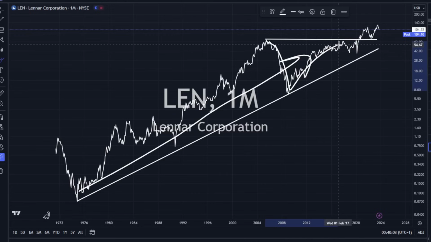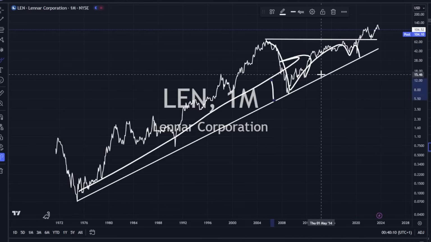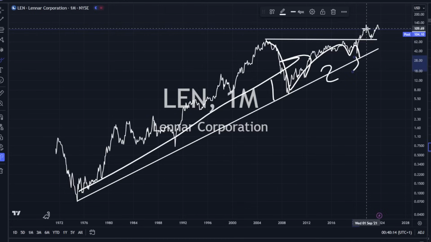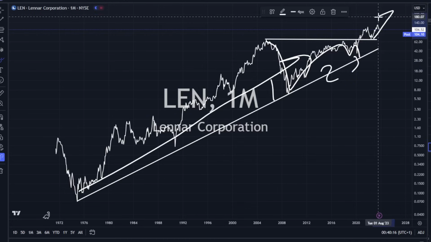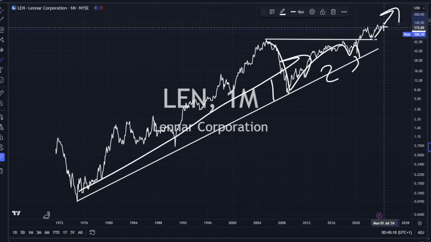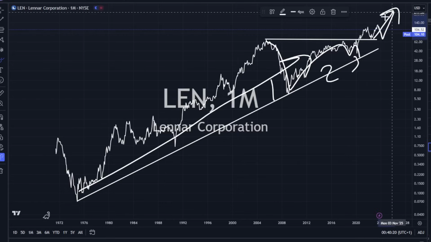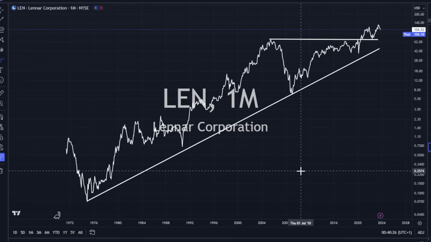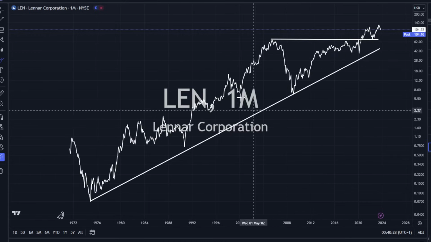This is its consolidation here. 1, 2, 3. This is your 1, your 2, your 3. It breaks out of its all-time highs, does a retest, and we're sitting on top of everything. Now, this could easily pull back. I get it. I don't know the path, but right, wrong, or indifferent, this thing looks absolutely bullish for a large thing.